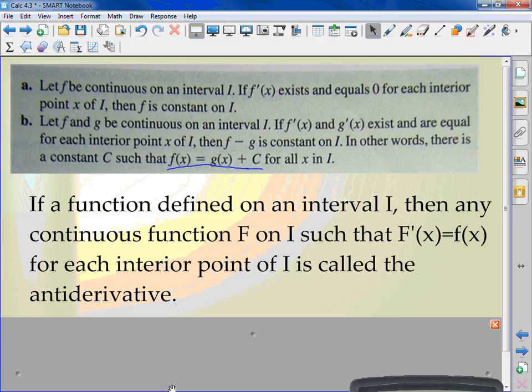So if a function is defined on an interval, then any continuous function F on I such that F prime of x is equal to f of x for each interior point of I is called the antiderivative. So instead of doing derivatives, we're now going to start working with antiderivatives.